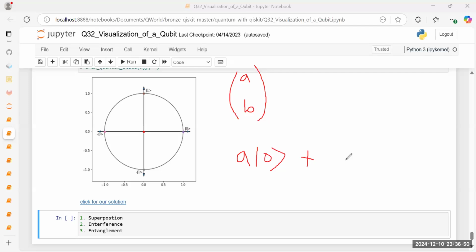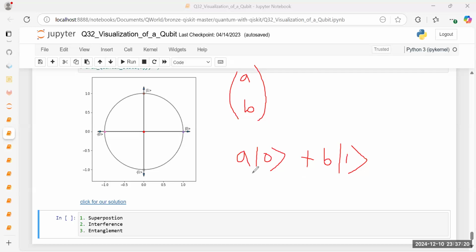And I have B, which is my amplitude for the 1 state. So what I have here is a superposition such that there is some probability that if I was to read out my results, it can be 0, and there's some probability that it can be 1.